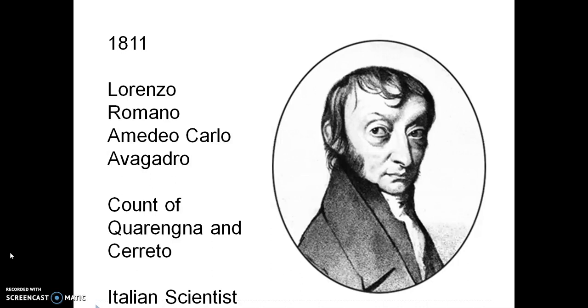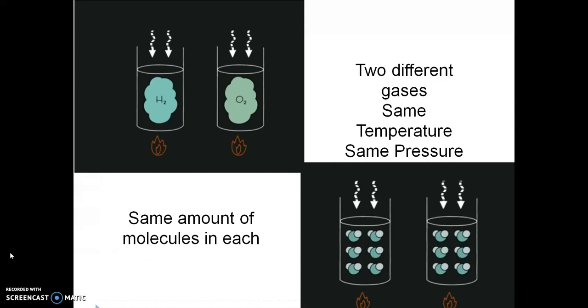He was a count and an Italian scientist, because back then the only scientists that were financially able to study science were the nobility of the Italian, European and French courts. So he discovered that if you take two different gases and put them at the same pressure and the same temperature, they had the same number of particles in there.